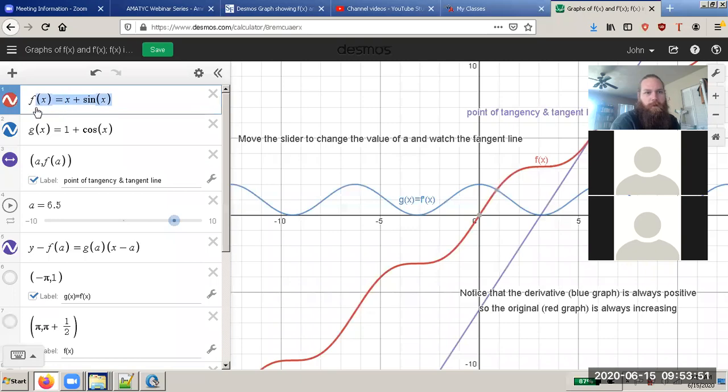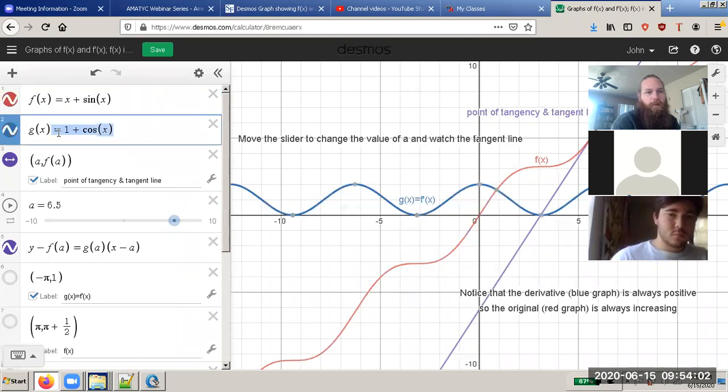So before we finished section 3.2, we could not have come up with the derivative of this function. We could have differentiated the x piece, but we could not have differentiated the sine x piece. But now that we do have those derivatives, we can. So x differentiates to 1, and sine x differentiates to cos x.